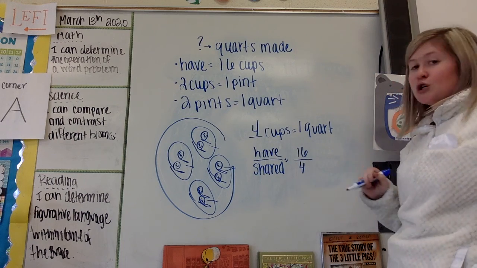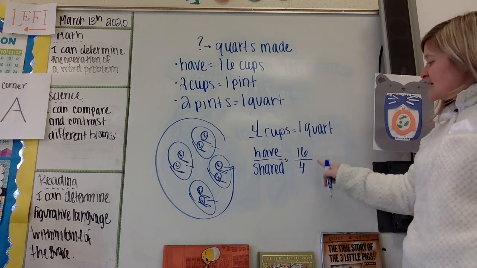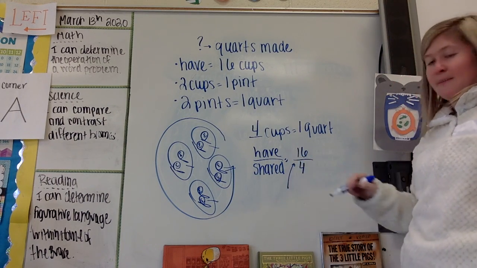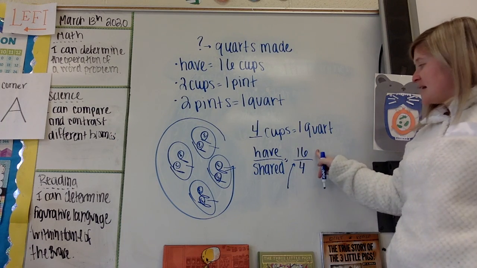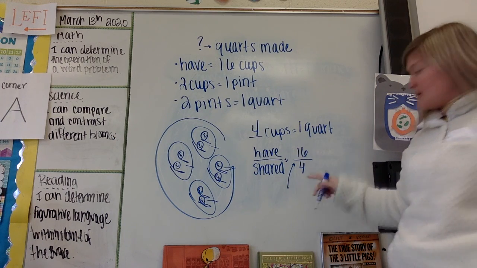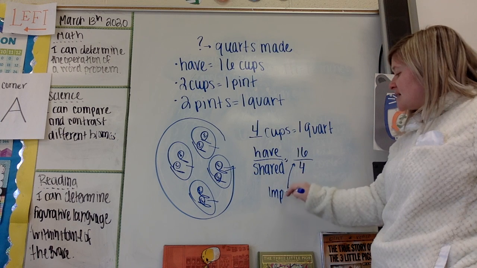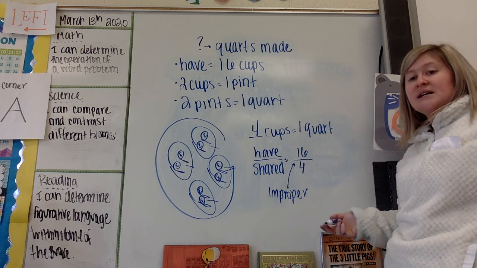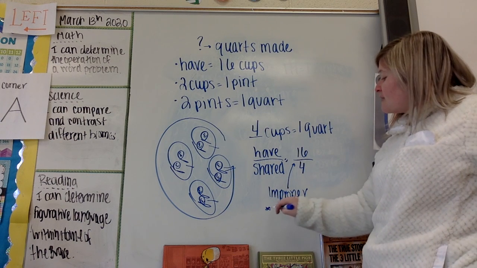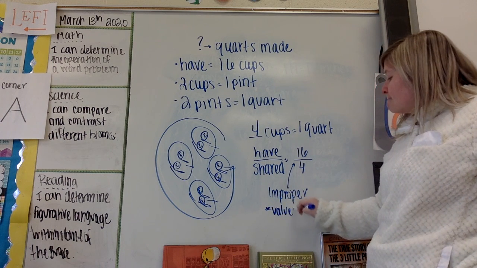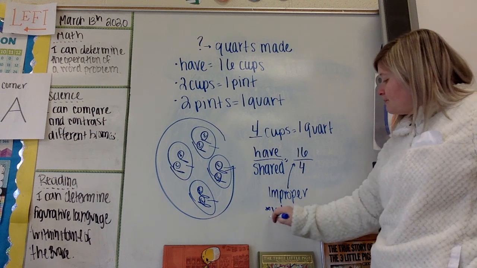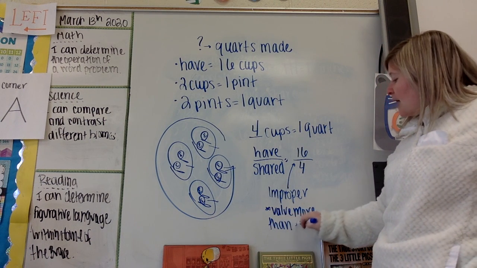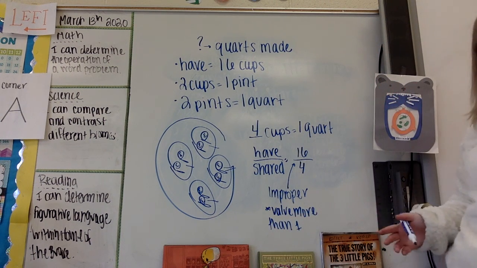So I'm sharing it into groups of 4. Okay, 16 fourths is what type of fraction? Okay, 16 is my numerator. It is much larger than my denominator, so this makes this an improper fraction. And we already know that when we see an improper fraction, the value is going to be more than 1. So that kind of helps me know, well, I know I have at least 1 quart, if not more.